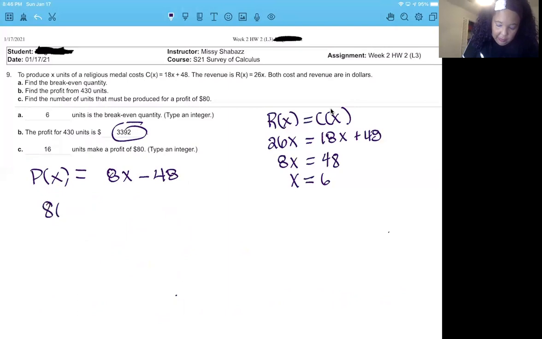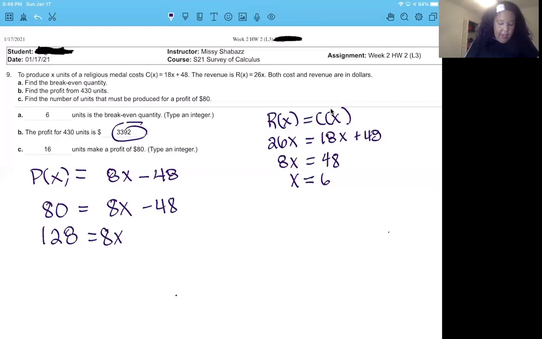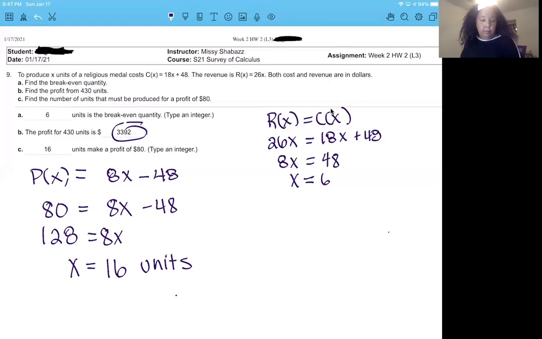All right, so 80 equals 8X minus 48. 80 plus 48 is 128, divided by 8 gives me 16. So 16 units is going to give me the profit of $80. All right, so that was number 9.